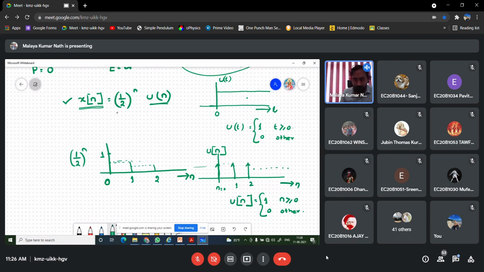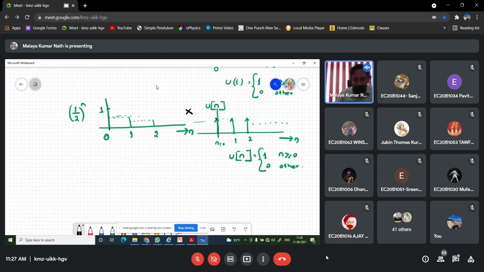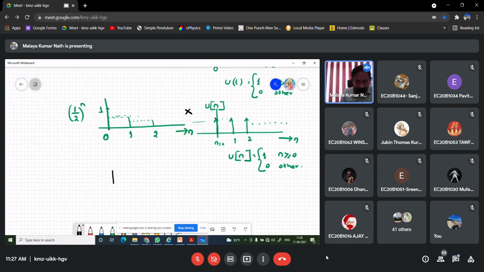Now, when I multiply this signal, half to the power n, with u[n], the value of half to the power n at n equal to 0 gets multiplied with the value of u[n] at n equal to 0.